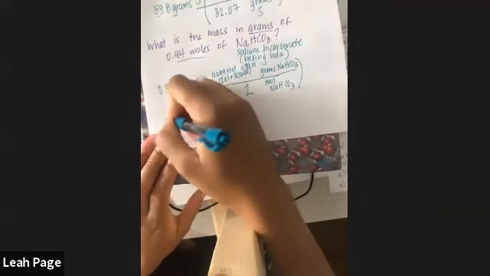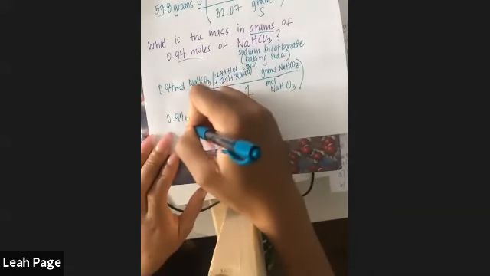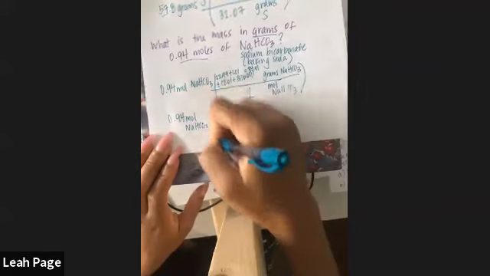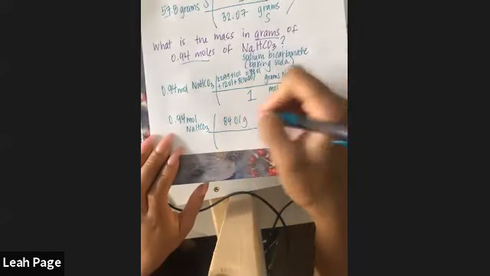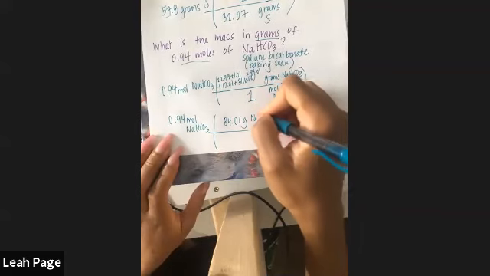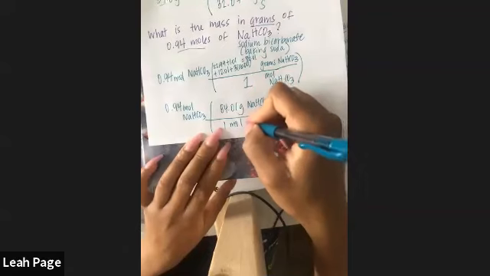So essentially it would look like this. So of NaHCO3, 84.01 grams of NaHCO3 over 1 mole of it.